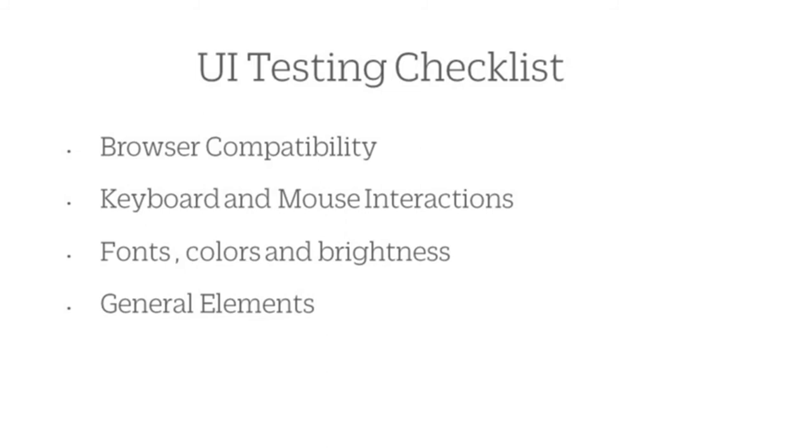And color and brightness are another important thing in the UI. We should match our colors with the theme of our web application or desktop application. And the general elements are like radio buttons, checkboxes, and images, etc.